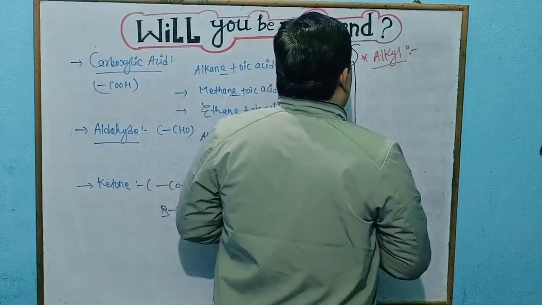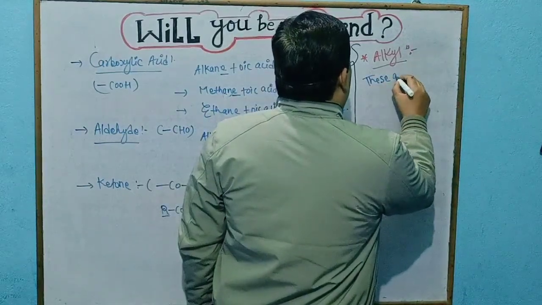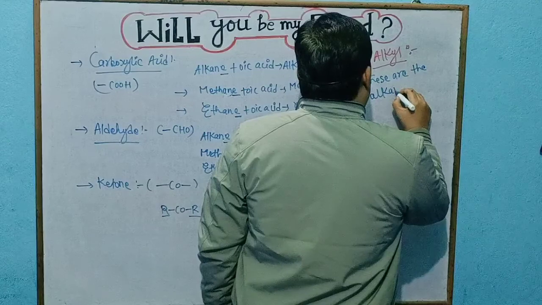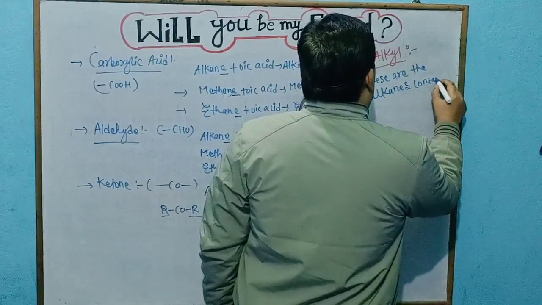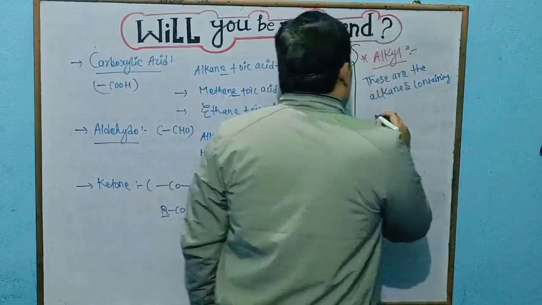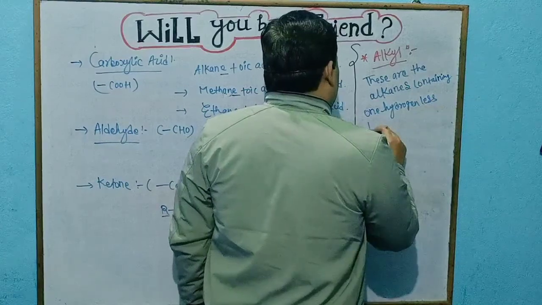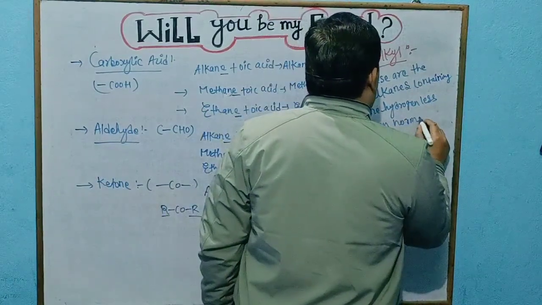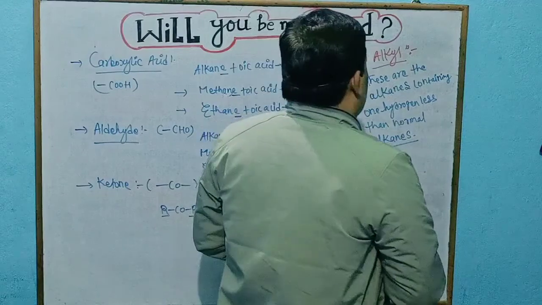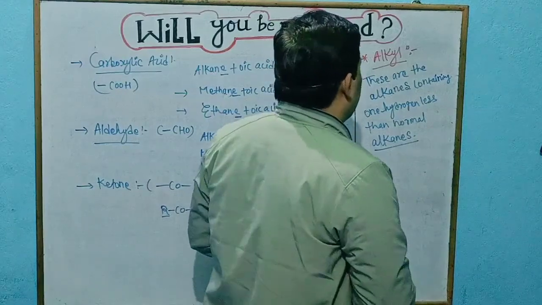Alkyls are the group of compounds containing one hydrogen less than normal alkanes, right?